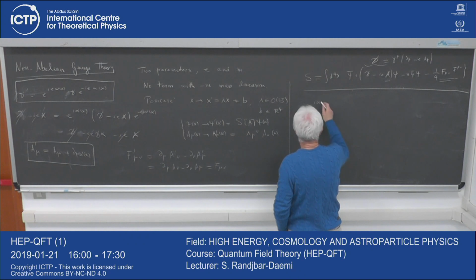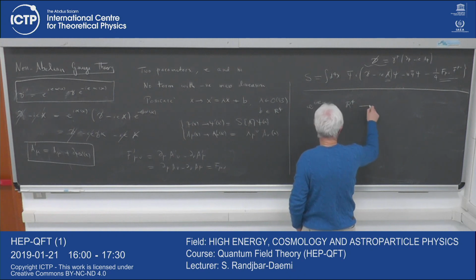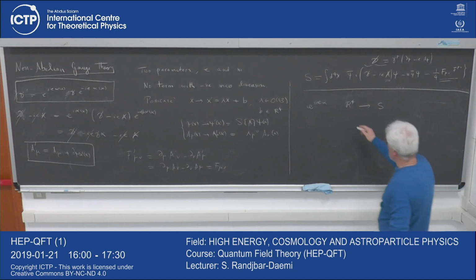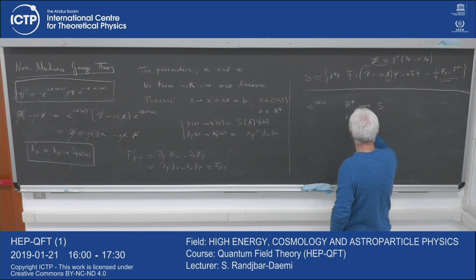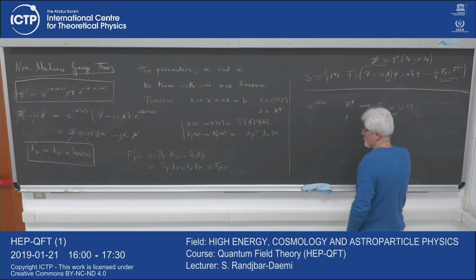So e to the i alpha is a map from R4 to S. It takes any point from here, S meaning S1, which is the same as U1. It takes any point from the plane and associates with it a complex number of modulus 1.